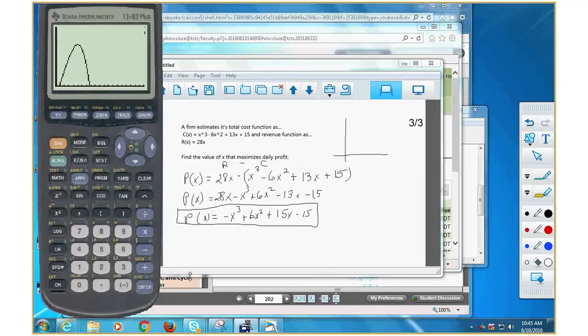Okay? Now, you can find this point by hand, or you can trace it. Find the height, or second, calculate, and find the maximum, because it's concave down. And give it a left bound and a right bound, and guess, and all that stuff. I can't even see my X. Where'd it go?